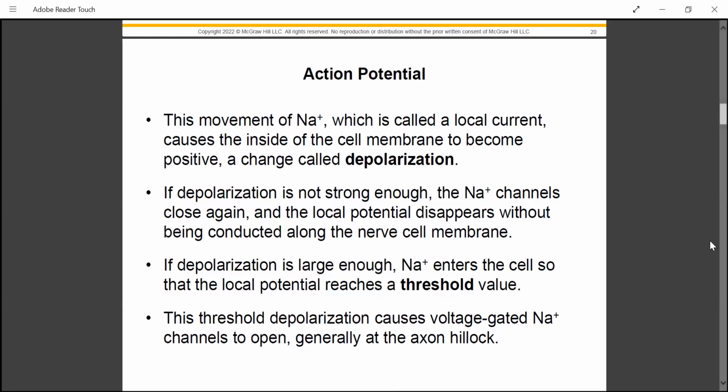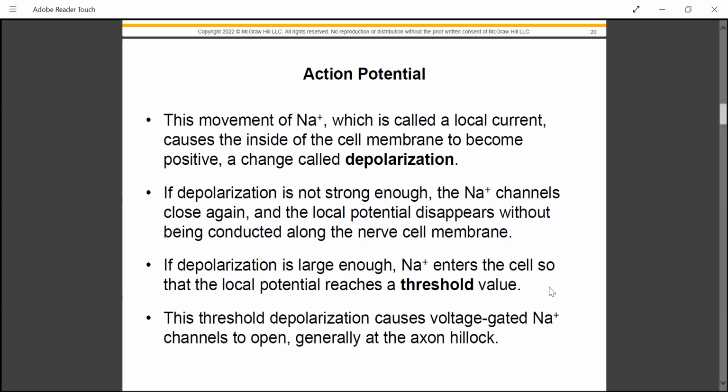If the stimulus isn't strong enough and not enough of our sodium channels open, or not for long enough, they're just going to close again, and that potential is going to disappear locally. It's like it never happened. If we have a large enough rush or diffusion of sodium, the depolarization is going to meet what we term a threshold value, and that is going to trigger an action potential to continue to spread down the cell.